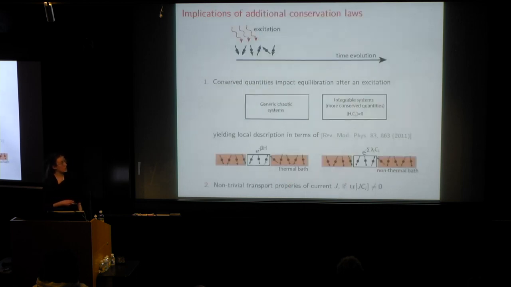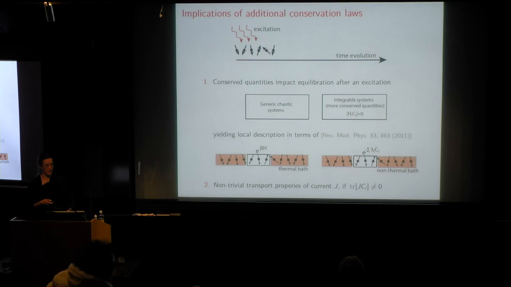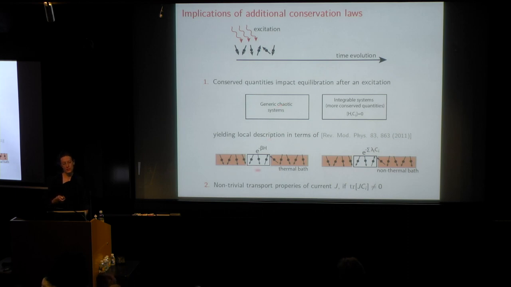Two implications of the existence of this macroscopic number of conservation laws that seem quite important to me in the non-equilibrium dynamics are the following. Because of the conservation laws, integrable models show different equilibration after an excitation. If you excite a generic system, at long times it will essentially locally thermalize because the rest of the system can serve as a bath.